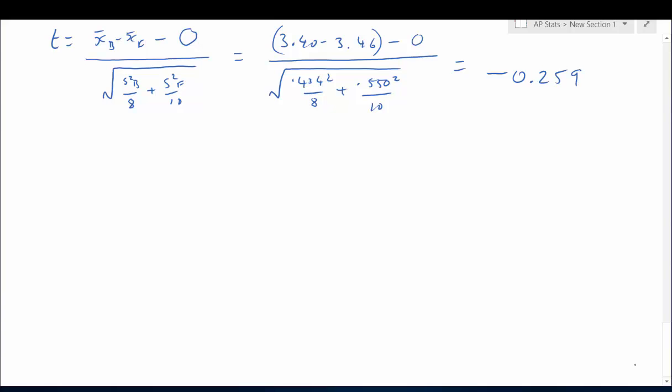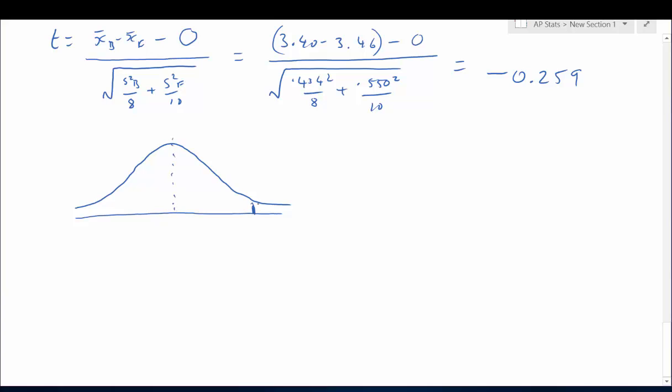0.259. Looking at the t-distribution tables, 16 is listed, and for a 5% significance level that is 2.5% in either tail, and that gives us a critical value of 2.12. In other words, if the test statistic is further than 2.12 standard deviations away, then it will be significant.